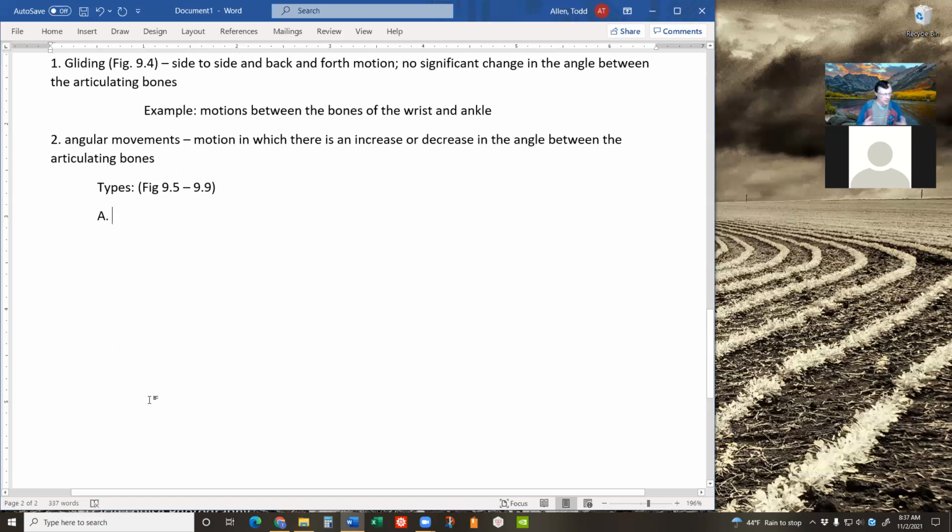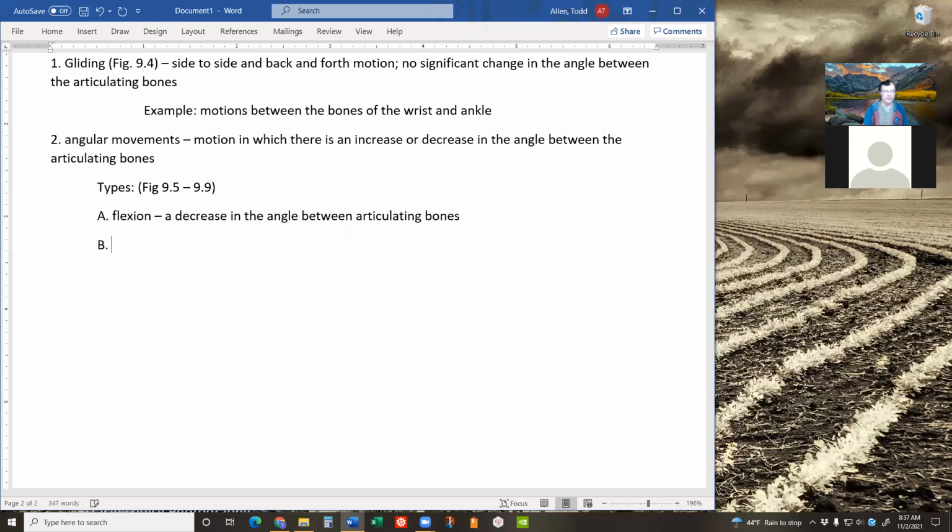All right, so flexion, that's an easy one. I just illustrated that for you. Here's flexion. Flexion is a decrease in the angle between articulating bones.